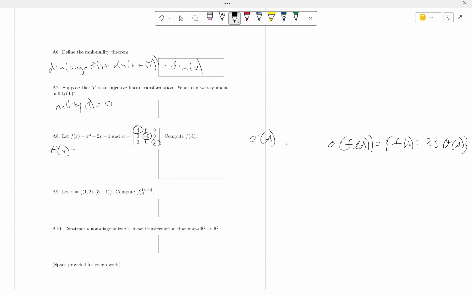So f of 4 equals 4 cubed plus 2 times 4 minus 1, which equals 64 plus 8 minus 1, which equals 71. F of minus 5 equals minus 125 minus 10 minus 1, which equals minus 136. And f of 2 equals 8 plus 4 minus 1 equals 11.